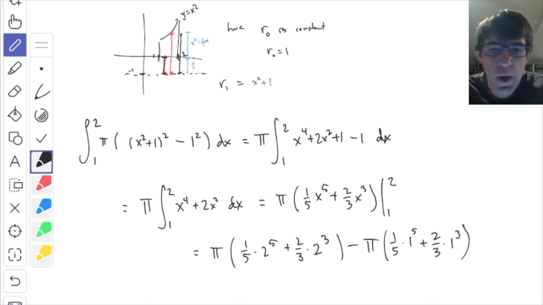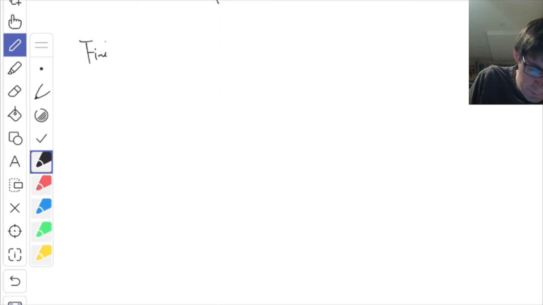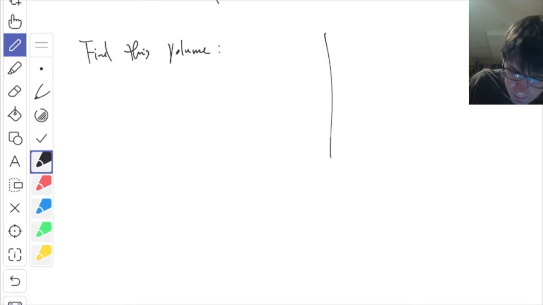All right, I want you guys to try one. This is similar, although slightly different. Find this volume. I want a shape that, from 1 to 3, goes like this.